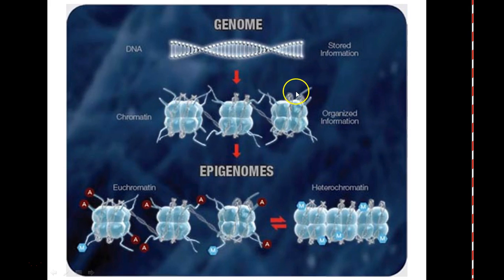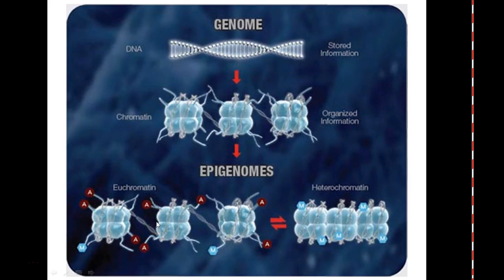We need to organize this information. And on top of this organization, we have another layer of information in the form of those histone tail modifications. So it looks like there is a code. We have the DNA code first, then we can talk about the nucleosome code, then we can talk about the histone code.